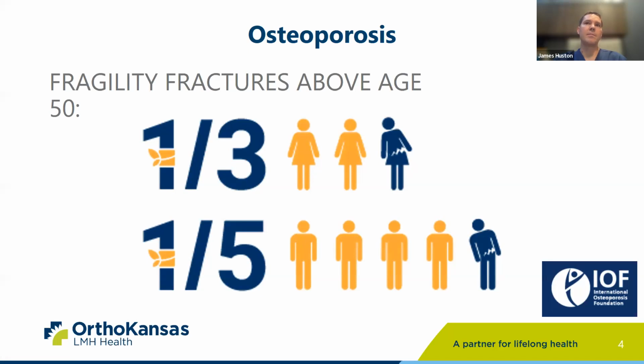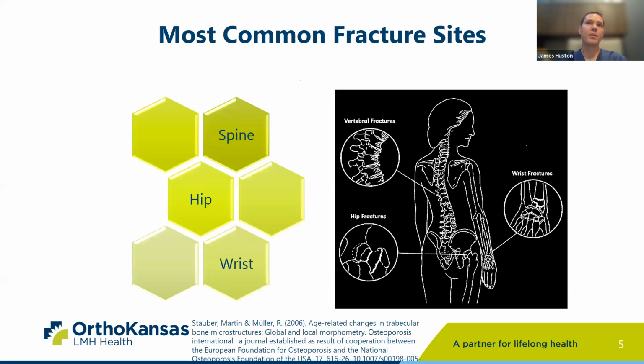Above the age of 50, one third of females and one fifth of males have a fragility fracture, or a low energy fracture, that would not otherwise result in a fracture. So it's a very common and widespread problem. The most common locations for those fractures are the spine, which is typically a compression fracture.